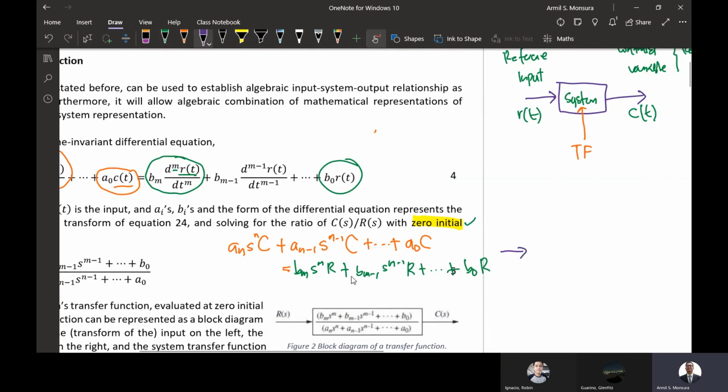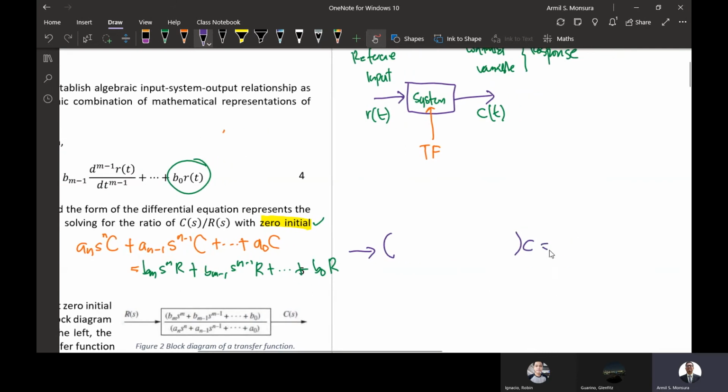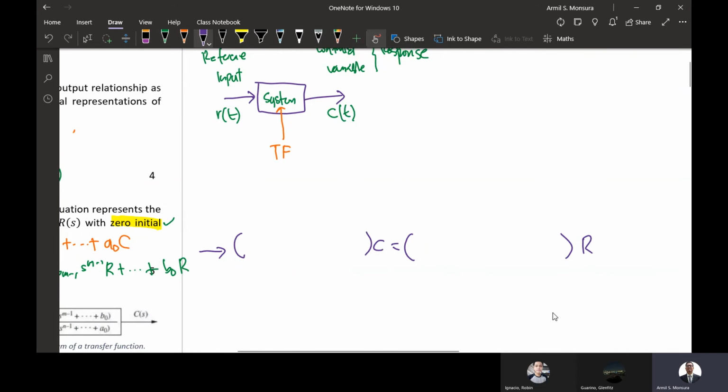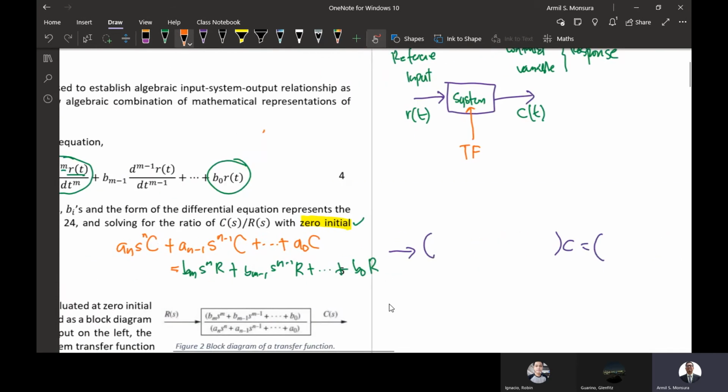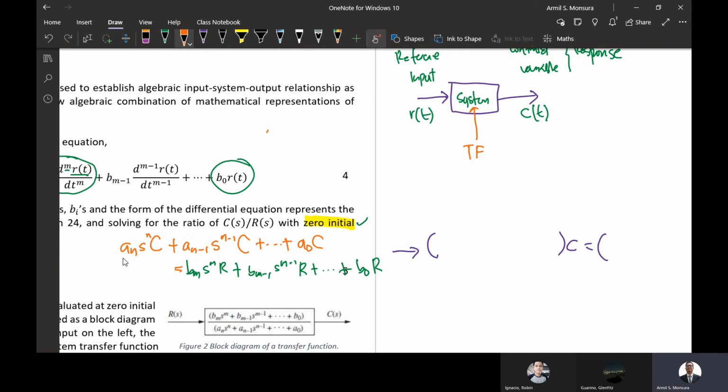Ipa-factor out natin si C sa left side, tapos sa right side naman, ipa-factor out natin si R. So, pag finactor out natin si C sa left side, ang maiiwan dyan is A sub N, S raised to N, plus A sub N minus 1, S raised to N minus 1, and so on, until yung last term is simply A sub 0. So, ito na yung C.